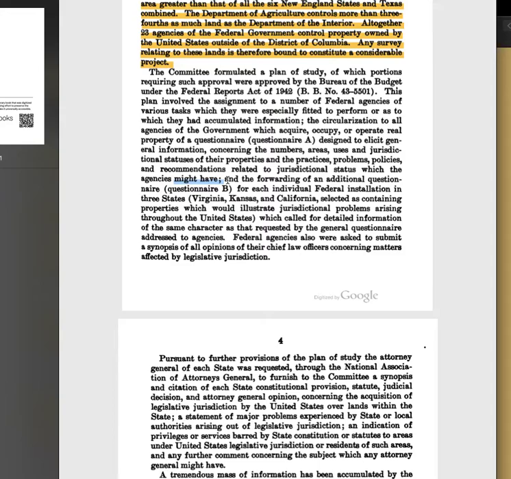But they can't give corporations something it doesn't have. So if the agency didn't have the power to do it, neither does the corporation. And the forwarding of an additional questionnaire for each individual federal installation. Federal installation, federal lands for federal purposes. Federal purposes are defense, which is fortification.